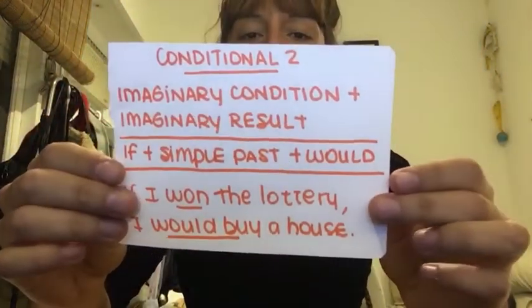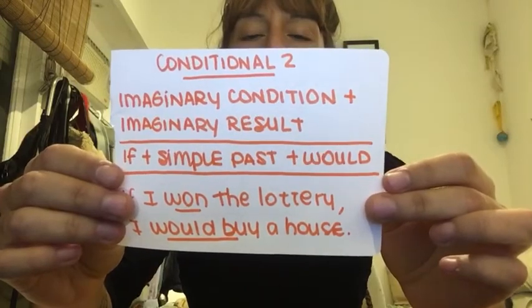Good. Now, let's move on to conditional number two. So, conditional number two is for imaginary situations, okay? El inglés es algo muy extraño, que es que para hablar de cosas que son irreales, imaginarias, usa el simple past. ¿Por qué? Porque sí, there is no explanation for that.